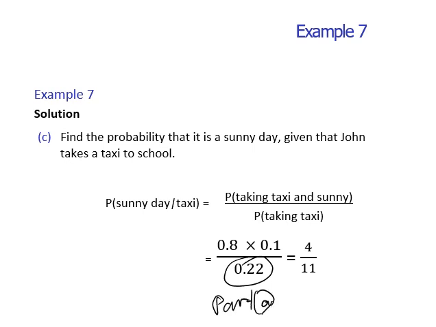So you just divide it, and you have 4 divided by 11. The only thing is, this part, taking a taxi, is not directly from the tree diagram itself. You find it from part A, because it consists of two components, remember?